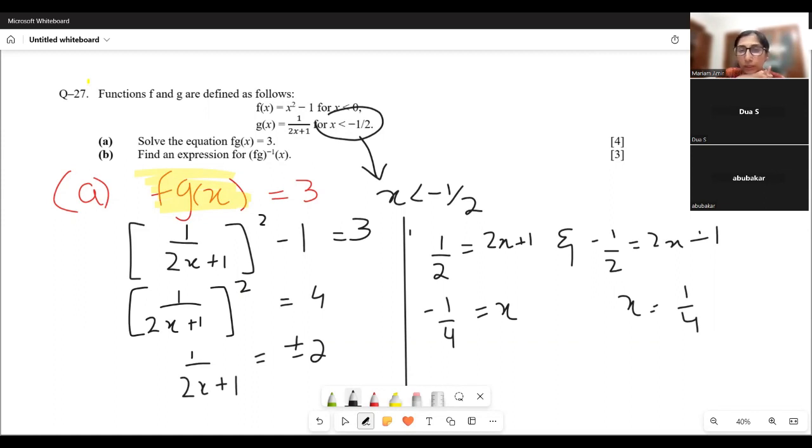Both of them are not less than minus half, both of them are bigger than minus half. Why is that? Let me double check. Minus half minus 1 divided by 2 is minus 1 by 4, and then minus half plus 1 divided by 2 is 1 by 4.